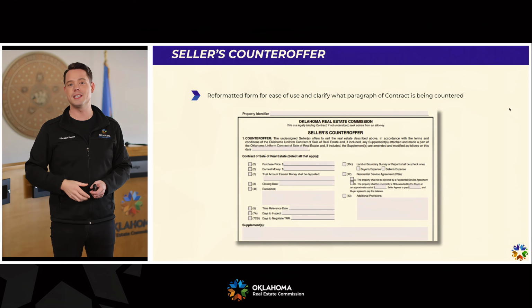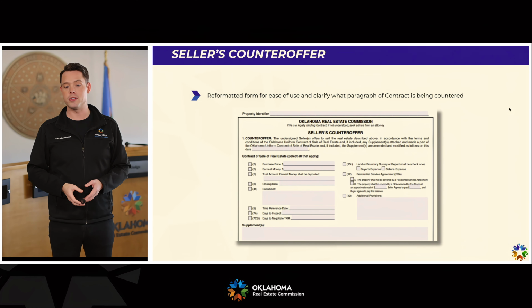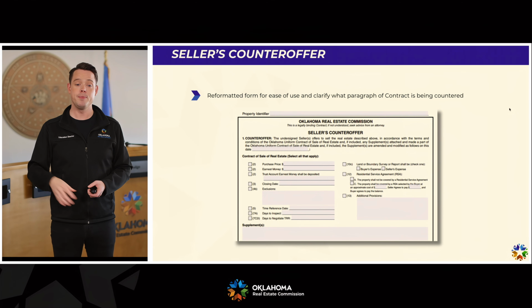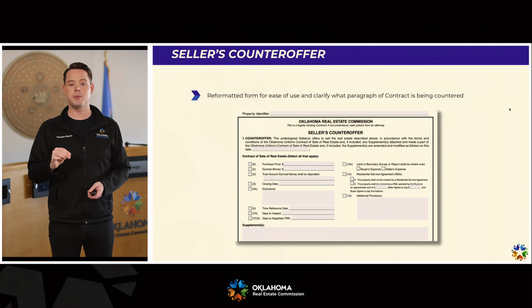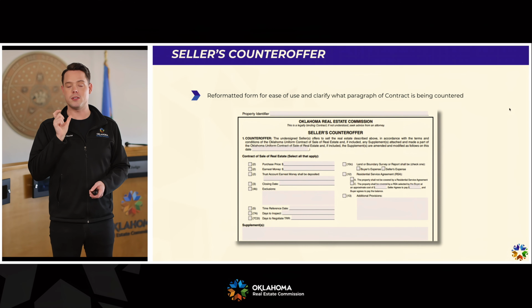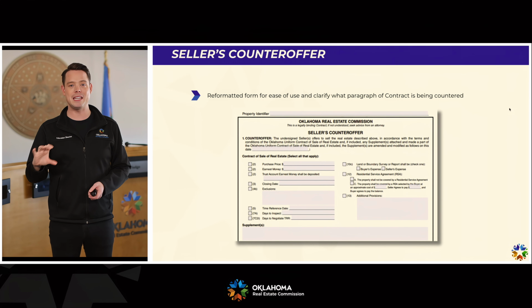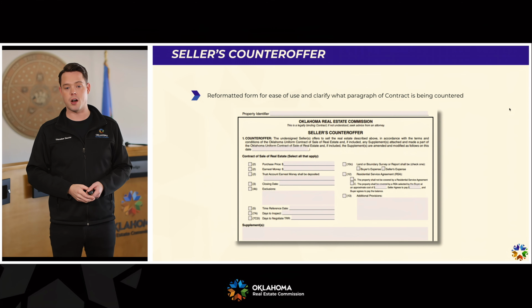So if there are edits to the additional provisions, or you want to add an additional provision, you can select that box and make a note of that. Supplements used to say financing supplements. Now it is just supplements. So you can make modifications to any supplements that are attached to the purchase offer.